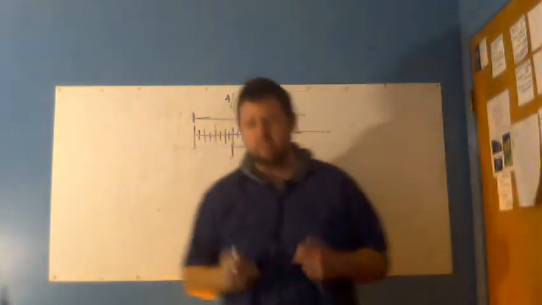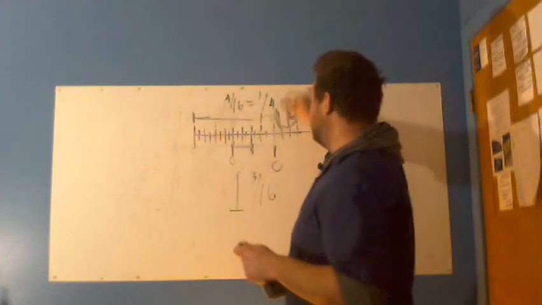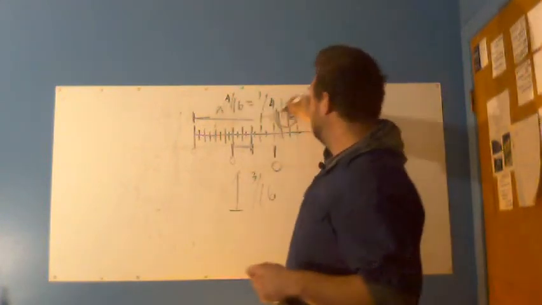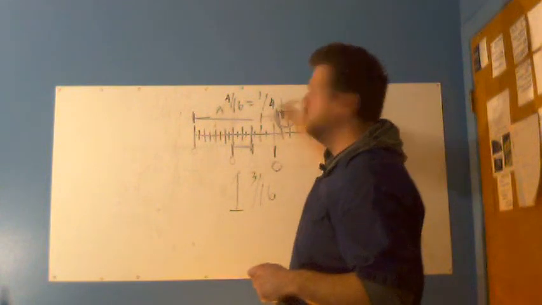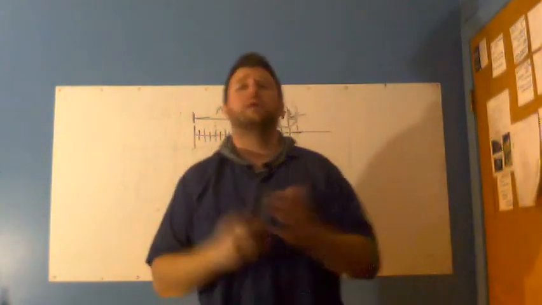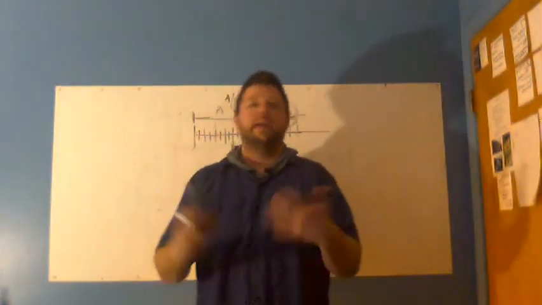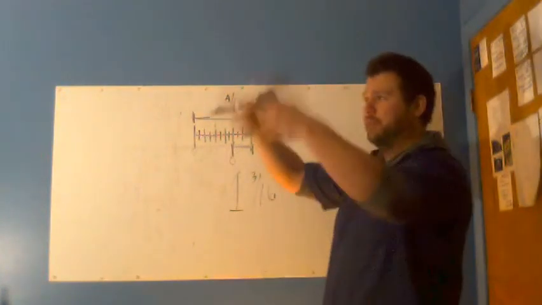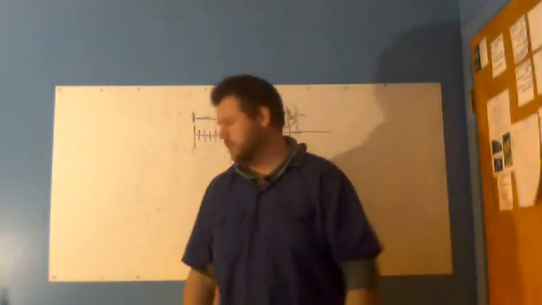The reason that we do that is because a lot of times you will not have enough room to put your dimension in here. Like we write A right there, we normally will put our dimension in between there. Because we don't have the room, we can't do that. So what we would do is we'd put an arrow pointing at the extension lines so that you can then tell that's where it goes.